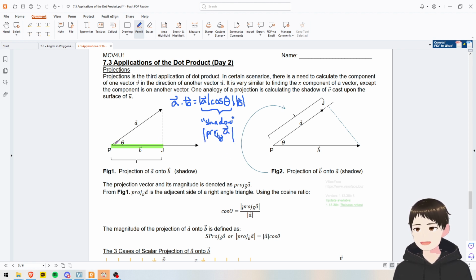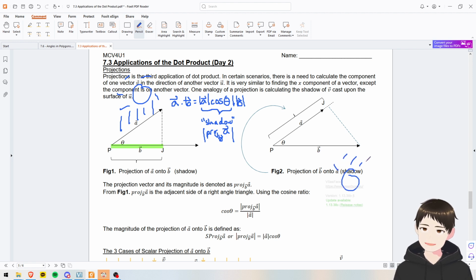Notice how I am talking about the component, so I'm not interested in the direction. I'm only interested in how large the shadow is, in other words, how large is the projection, the magnitude. In the same breath, just know I could do the other way: the projection of B onto A. Let's pretend the sun was up here, blaring down, so my shadow is directly underneath.